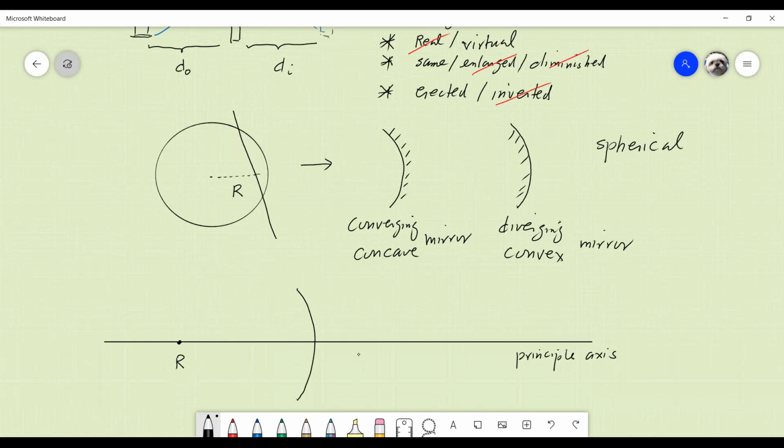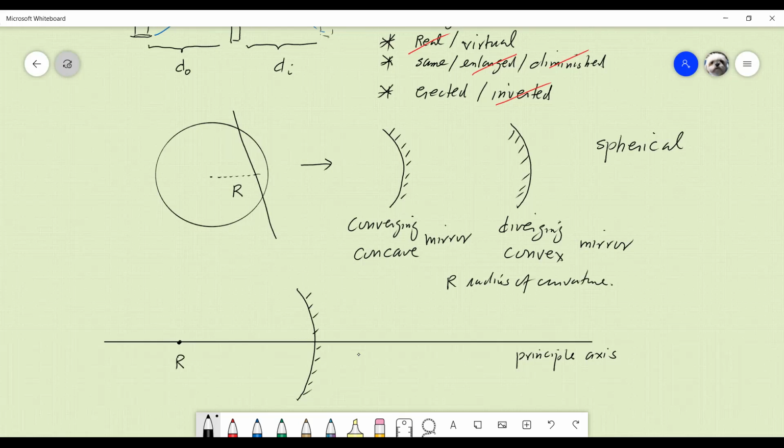We are cutting a piece out of a sphere, right? Yes. So therefore, this radius is the radius of the original sphere. Now, this length we call the radius of curvature, right? So R stands for radius of curvature.